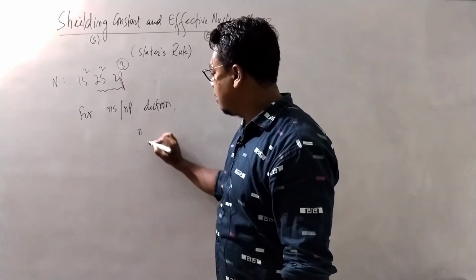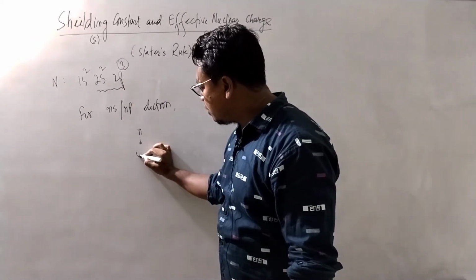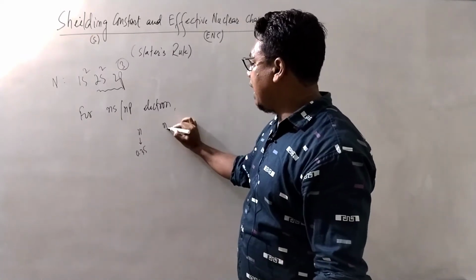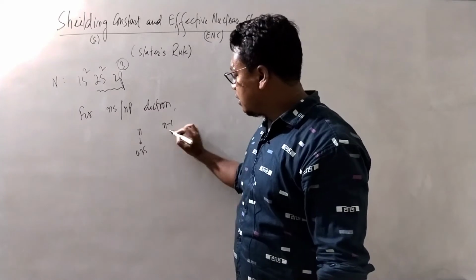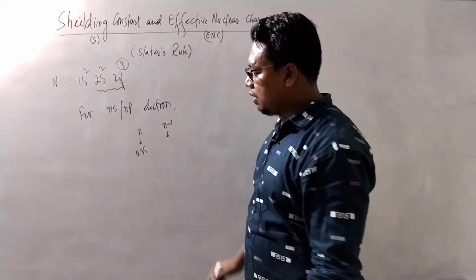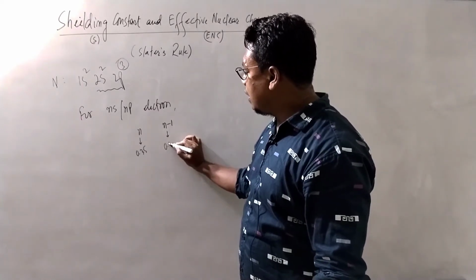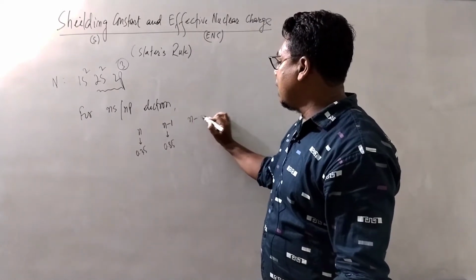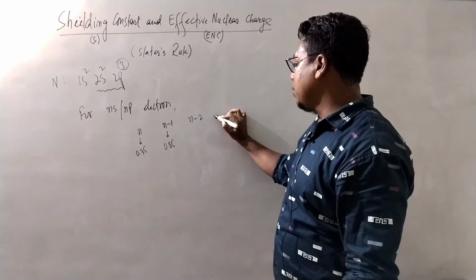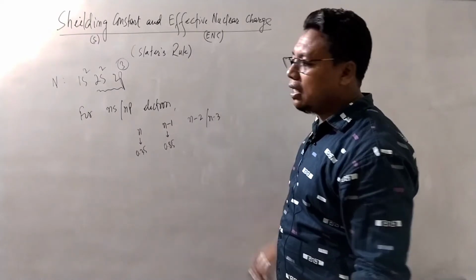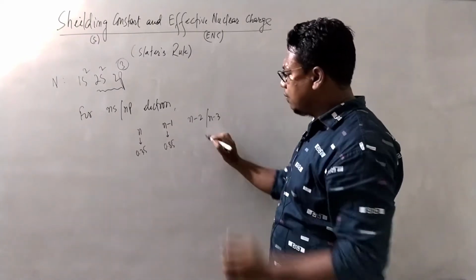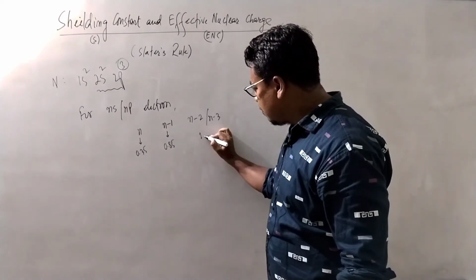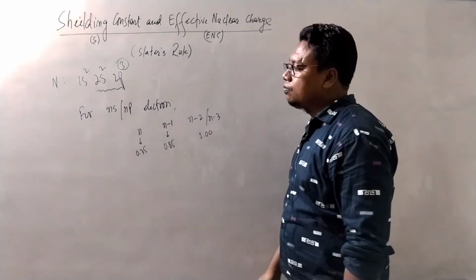For n, the shielding value is 0.35 per electron, and for the n minus 1 shell the shielding factor is 0.85 for every electron, and for n minus 2, n minus 3 and the inner shells the shielding factor is 1 for every electron.